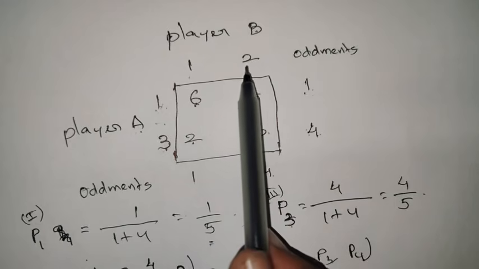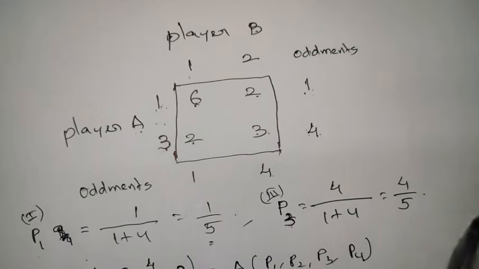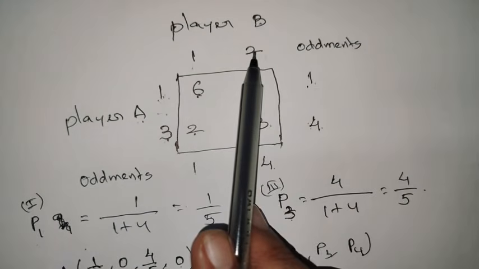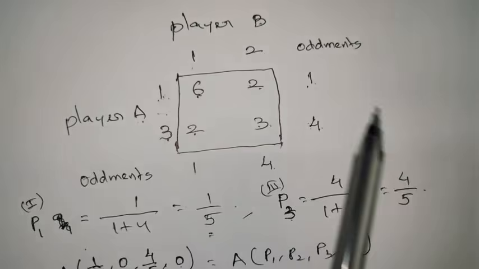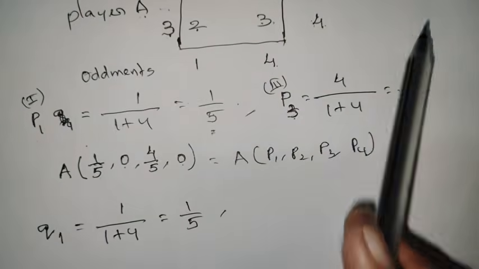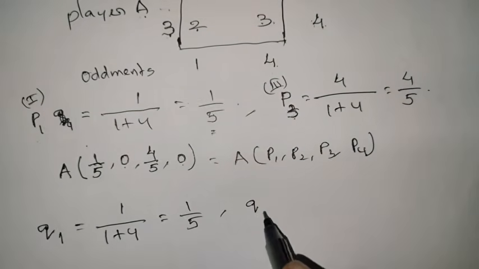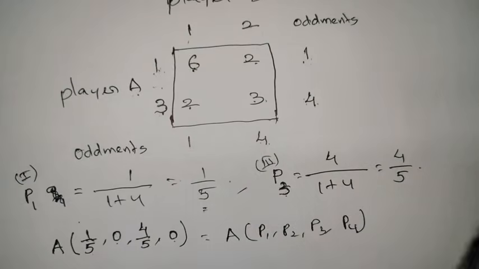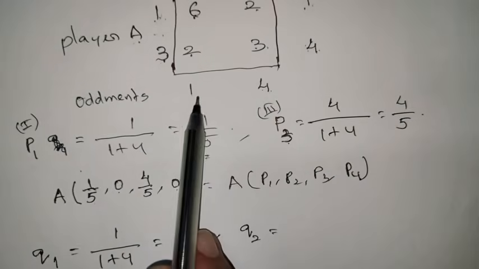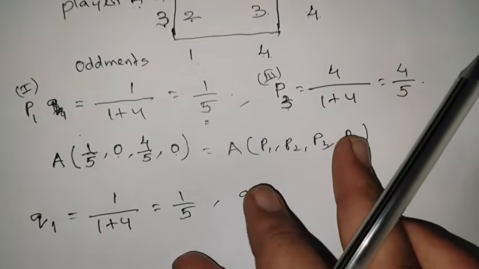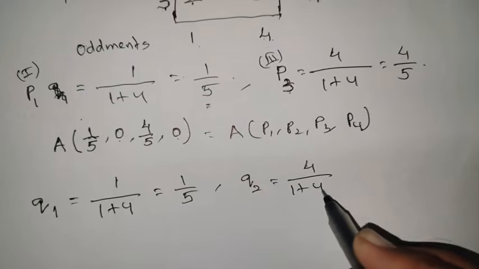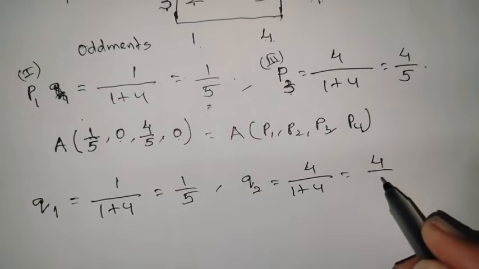The argument for the second strategy is 4. I am mentioning it as Q2. Q2 is equal to 4 by the sum of arguments, 1 plus 4. So 4 by 1 plus 4 equals 4 by 5.